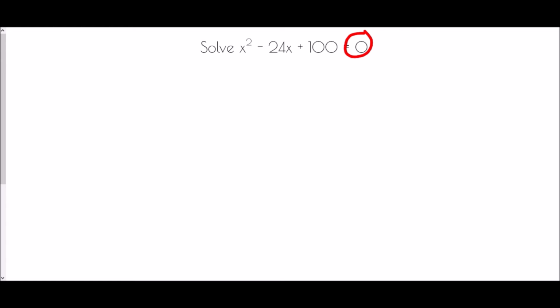And so x squared take away 24x plus 100. First things first, that's going to be x take away 12, because we've halved the value in front of the x, and that's going to be squared. And then I'm going to subtract the value that's inside of the bracket, so that is negative 12 squared, and then add the 100.